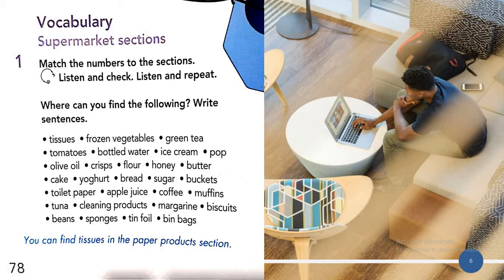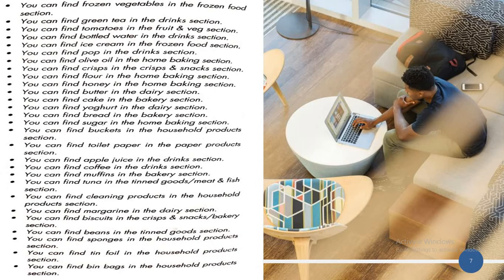I will ask you again to pause the video and try to write sentences. Just select 4 or 5 words and try to write sentences. And now let me give you the whole sentences.